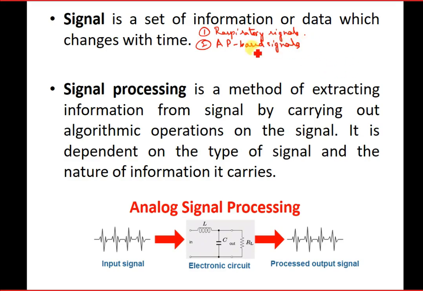Someone was asking me yesterday to go through the action potential. I have talked with Professor SSRA, and he has assured me that this action potential topic will be covered by Professor SSRA. Okay, so you need not worry. So in these action potential based signals, we can have two types of signals.